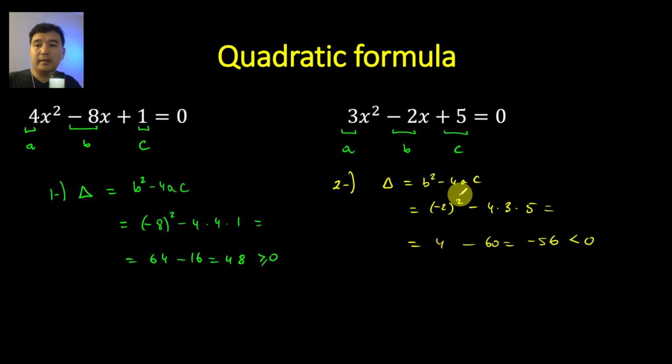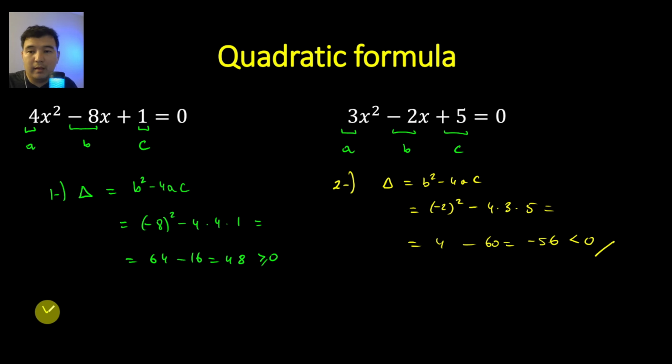And if you are not interested in complex roots of the equation, you can just stop and say this equation has no roots. Since we are focusing on calculus, and in calculus we don't use complex roots, we just stop here. This equation has no roots because the discriminant is negative.